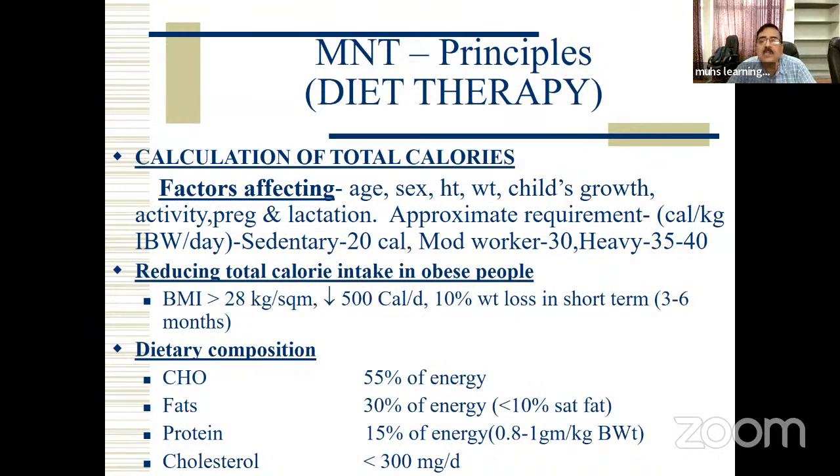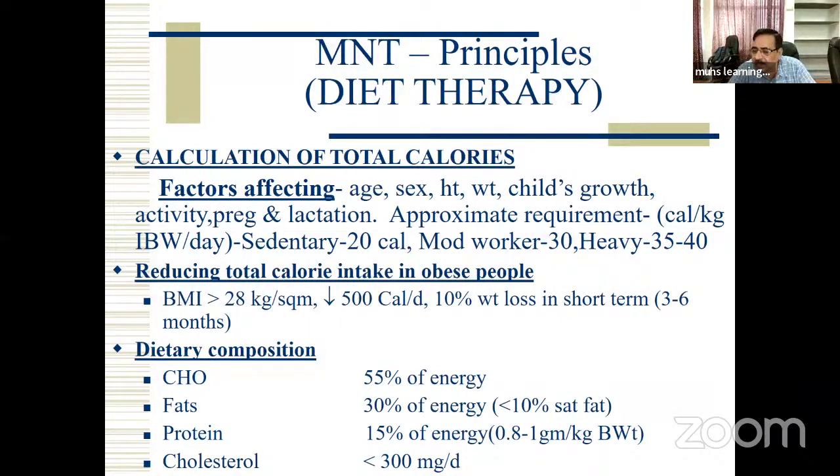How to calculate? The approximate requirement is 20 kilocalories per kg per day of ideal body weight, not the actual body weight. For heavy workers it is 35 to 40. Most of the patients you will find are in the sedentary group and moderate workers.